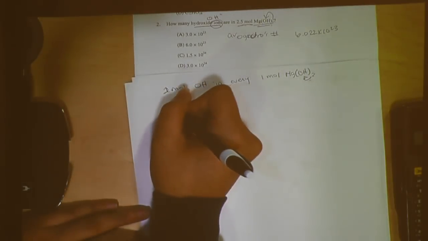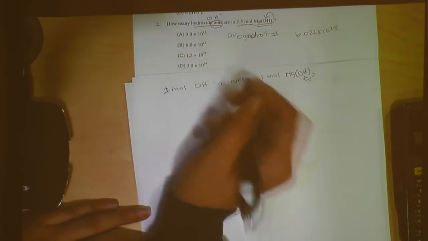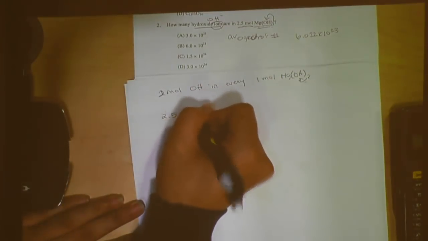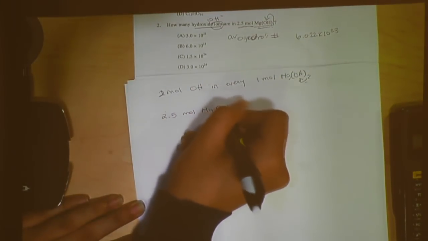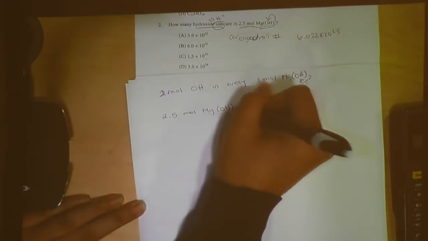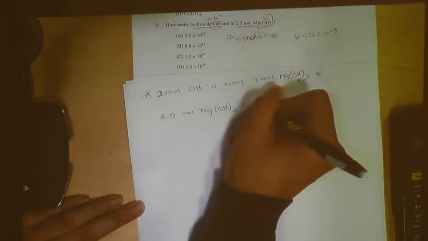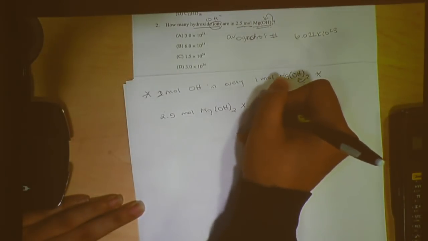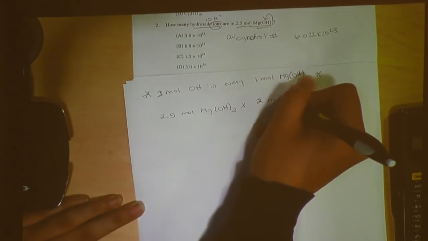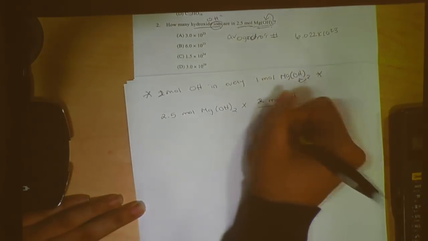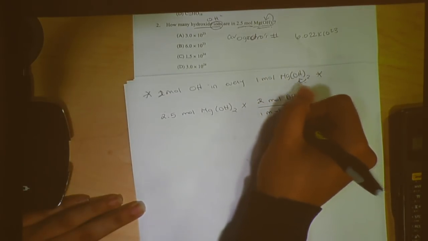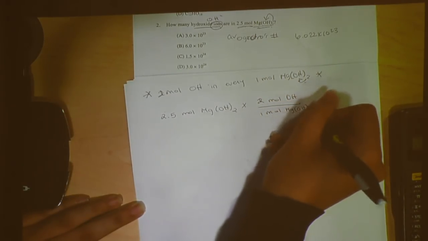So I have 2.5 moles of the whole thing. So now I want to figure out, okay, how many moles of OH do I have? So 2.5 moles of Mg(OH)2 times the mole-to-mole ratio that we said right here, which is 2 moles OH in every 1 mole Mg(OH)2.